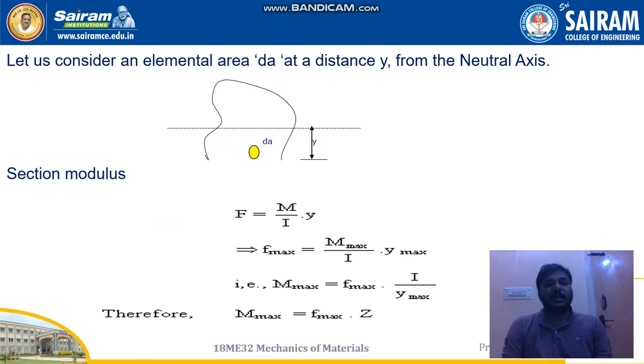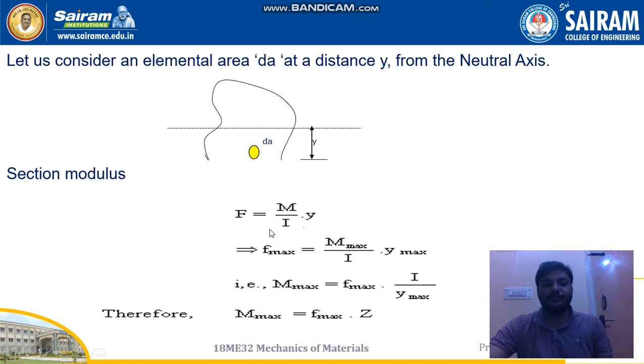Now consider a small elemental area dA at a distance y from the neutral axis. For the cross section at any one point at a distance y, what would be the section modulus? F will be equal to M by I, where M is the moment, I is the moment of inertia, and y is the distance.